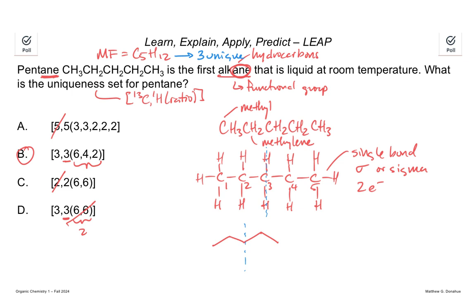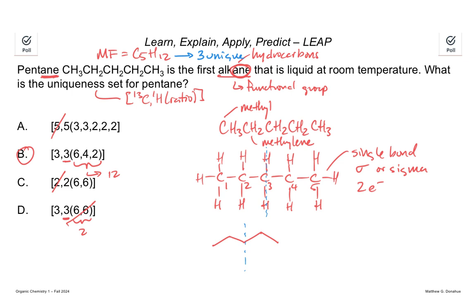And then the total of this, 6 plus 4 plus 2, is 12. So that's the total number of hydrogen atoms in the molecule. Any questions before I click on to the next slide?